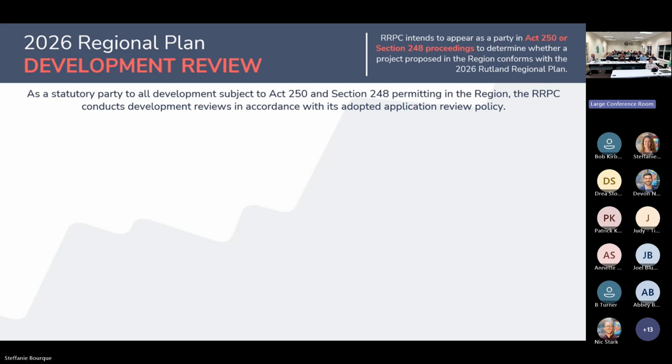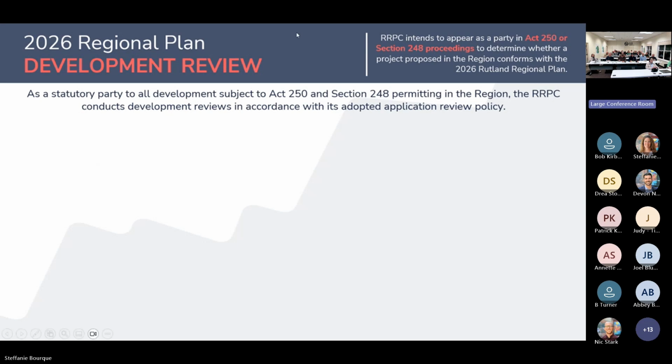Other than that, this is not a regulatory tool. So in terms of development review, the Regional Planning Commission is a statutory party to all development that is subject to Act 250 and Section 248 permitting in the region.